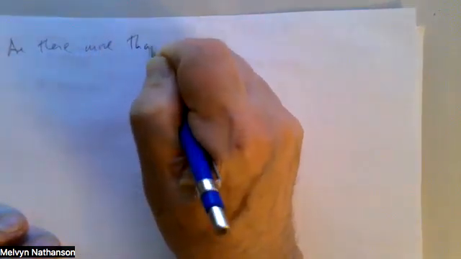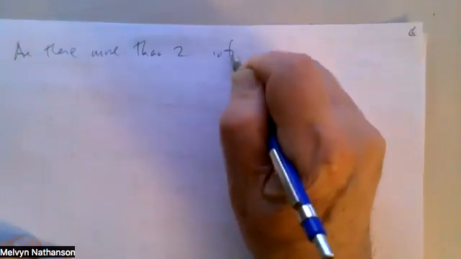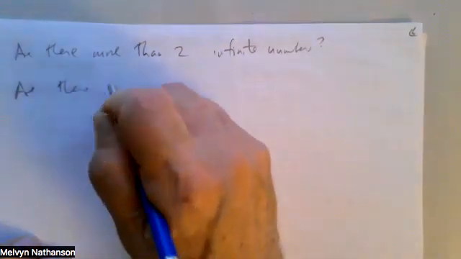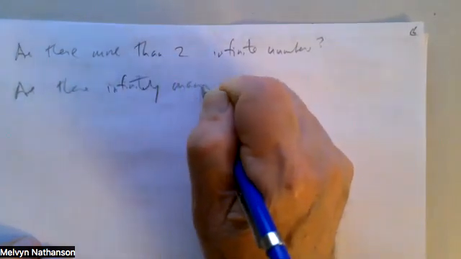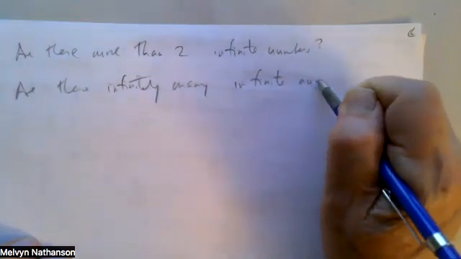Are there? These are just some questions that are natural to ask at this point. Are there more than two infinite numbers? Are there maybe infinitely many infinite numbers?